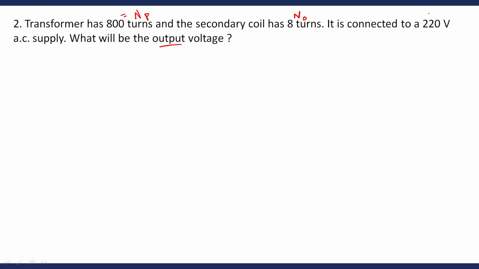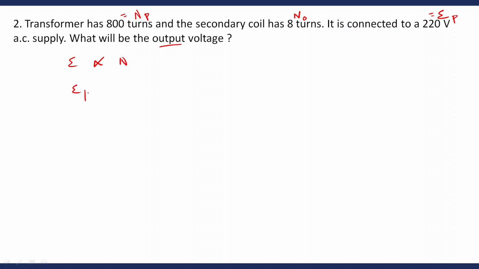This is the input voltage, epsilon P. Then we have a formula: epsilon is directly proportional to the number of turns of the coil.